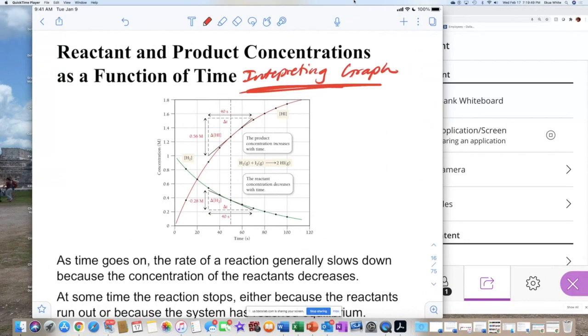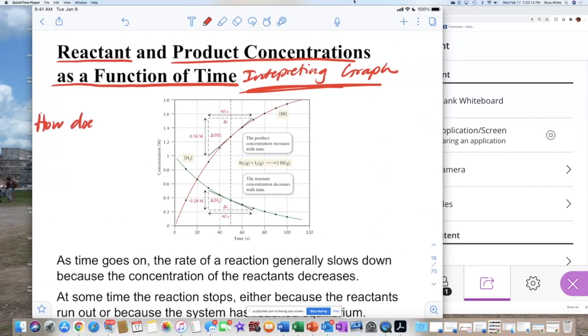We want to know how to interpret the reactant and the product concentration changes as a function of time. How is the reactant concentration changing with time? How is the product concentration changing with time? So as we look at this graph, our focus is to answer those two questions.